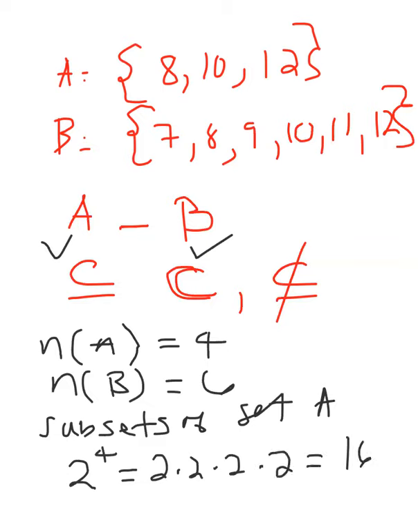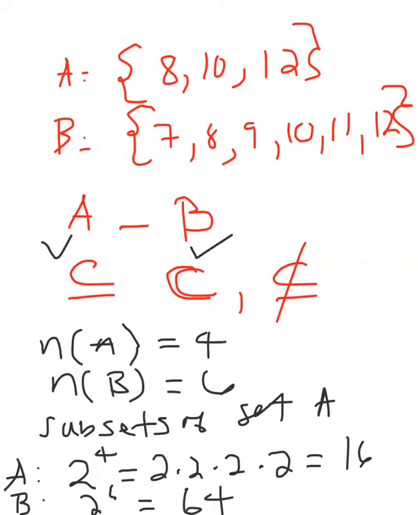For set B, we would do 2 to the 6th power. You multiply 2 by itself 6 times, and that gives you 64. So 64 subsets in set B, 16 subsets in set A.